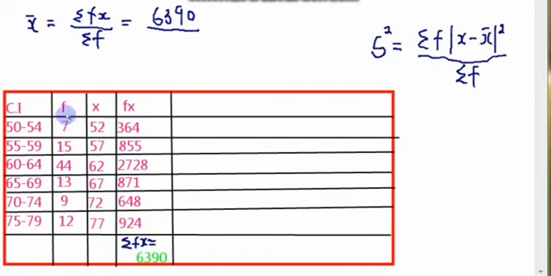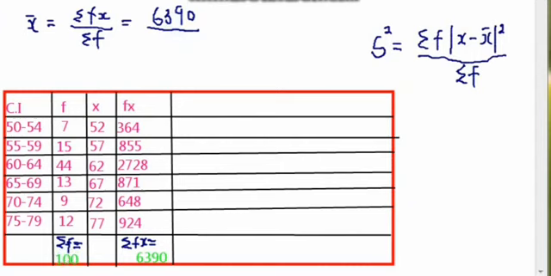Go to frequency and add everything under frequency. When you add everything, summation f will be 100.